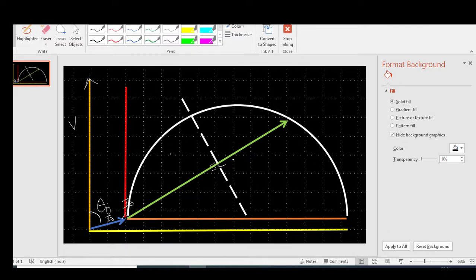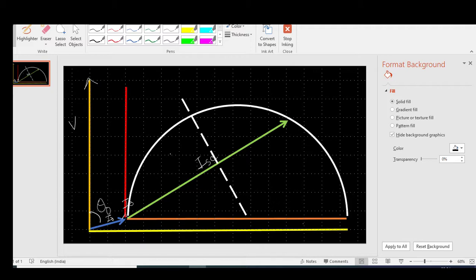Now this one was our ISC. For this ISC, we figured out that the tip of I2 dash will always be on this circle. But how to draw this circle?